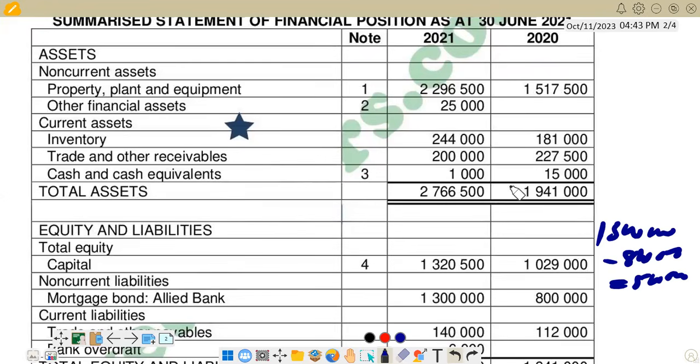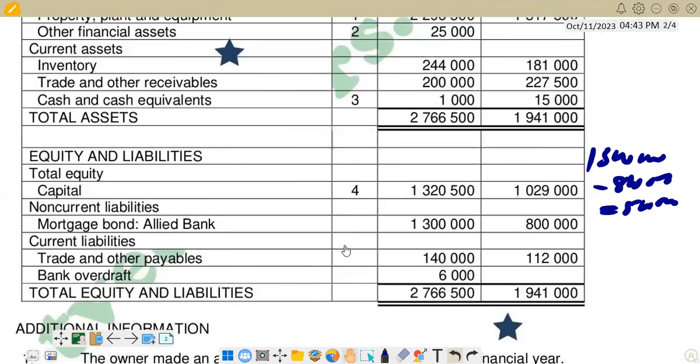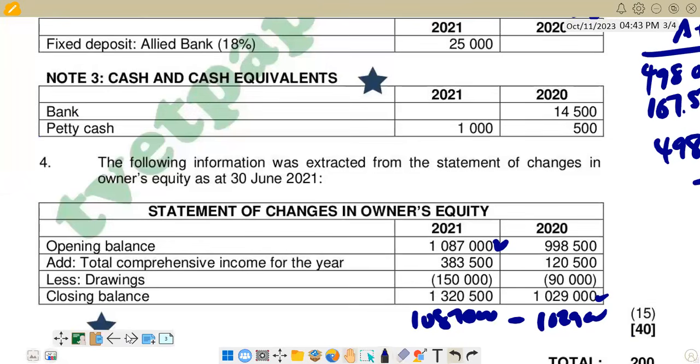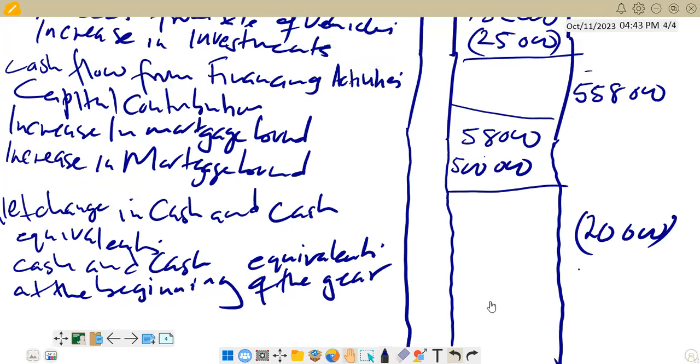So if you come here, you see that cash and cash equivalents at the beginning of the year, we've got 15,000 under current assets. If it's under current assets, it's a positive figure. Then we check under current liabilities if we have got an overdraft. If there's an overdraft, subtract it from 15,000 to get the net balance there. So here we are seeing that at the beginning there's no overdraft. So we are just going to take 15,000 and put it there, a positive figure.